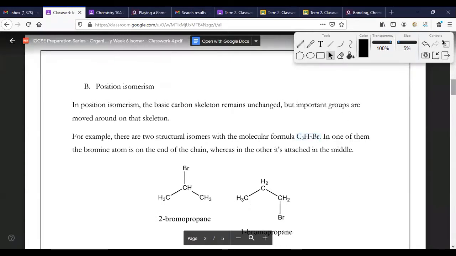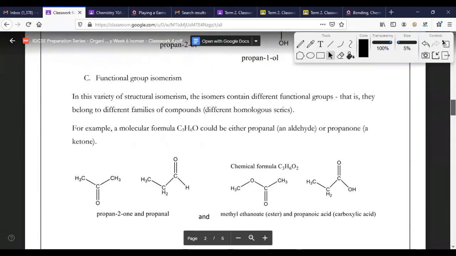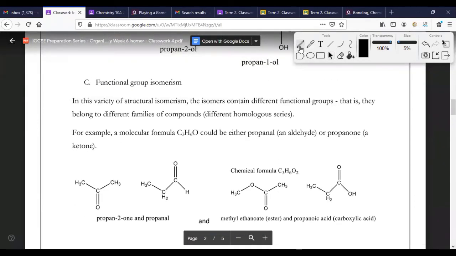Next, the last one is functional group isomerism. For functional group, in IGCSE questions, based on my experience, they only ask you about carboxylic acid and ester. They don't ask you about aldehyde and ketone or alcohol with ether.